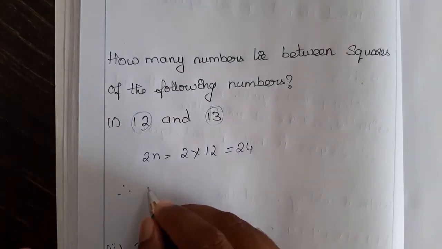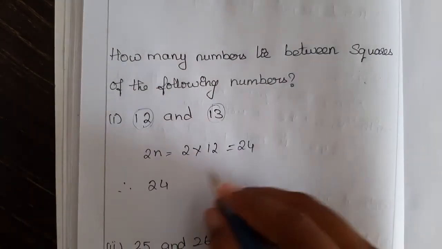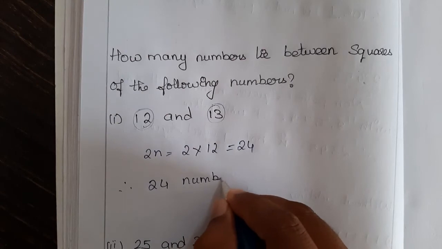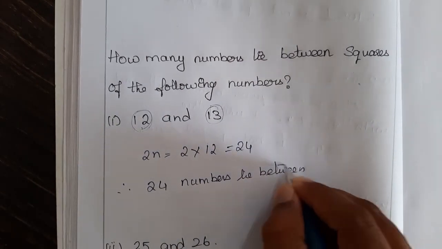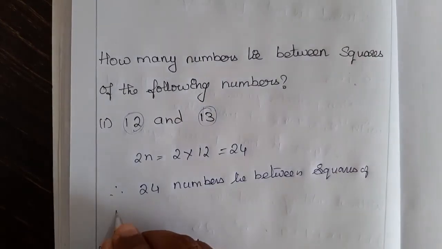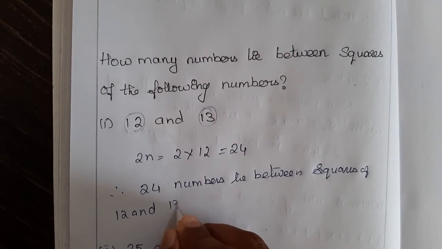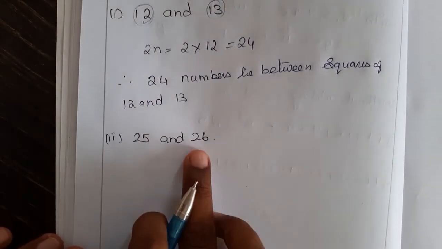Which is 24. Therefore, 24 numbers lie between the squares of 12 and 13. Clear? The same, the next is 25 and 26.